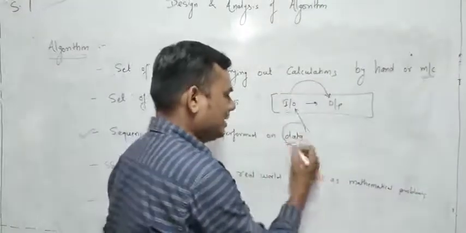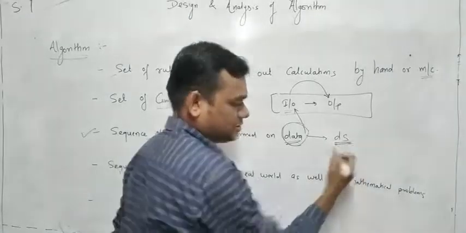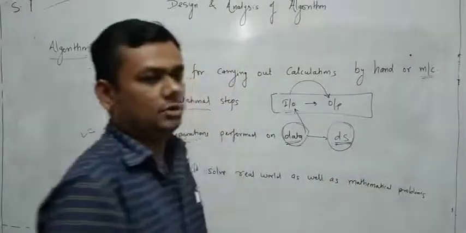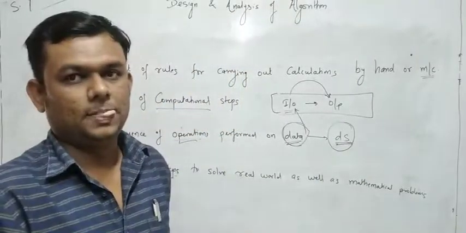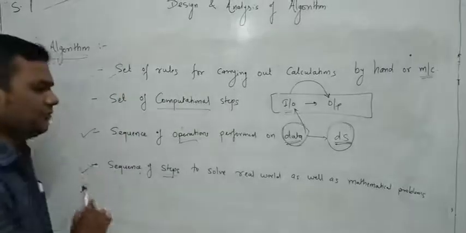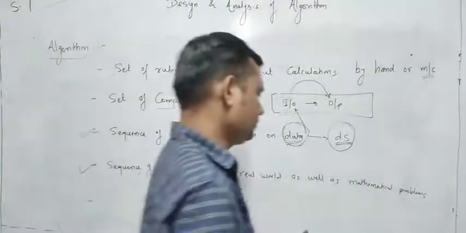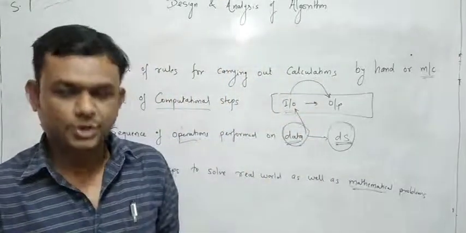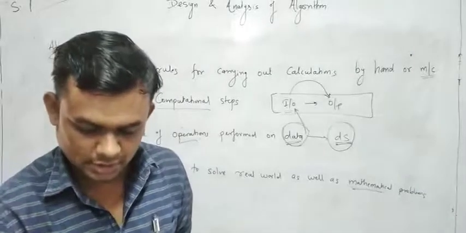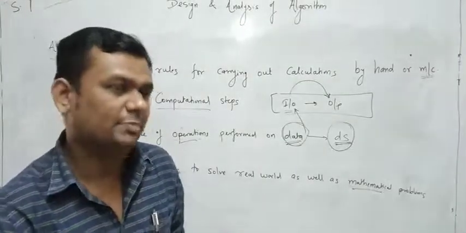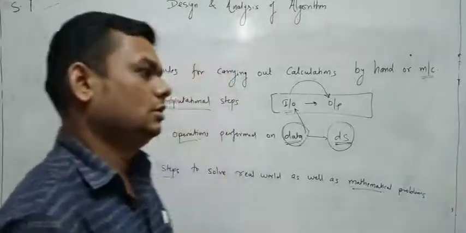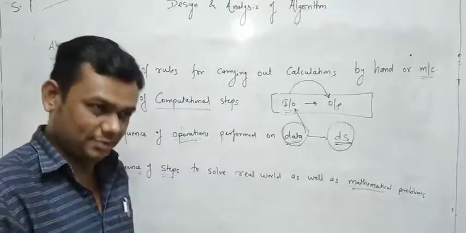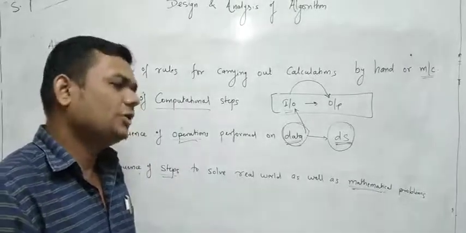So that data is managed in a number of data structures. For example, you have to see a number of data structures. The next is the sequence of steps to solve a real world problem as well as a mathematical problem. Students, if you execute or implement a program for factorial or Fibonacci, at that time what do you have to decide?